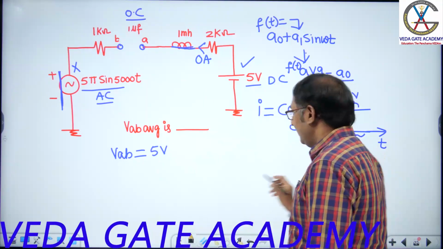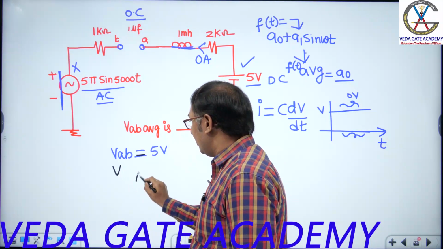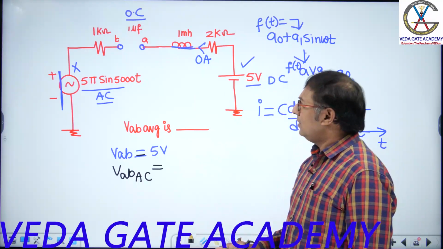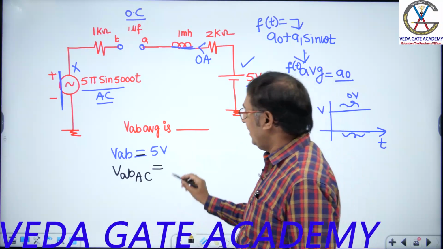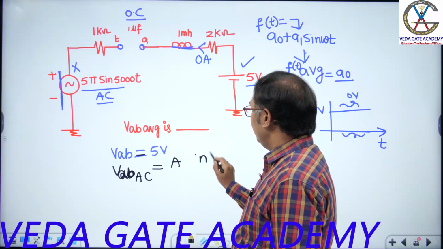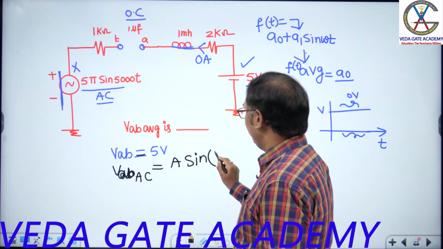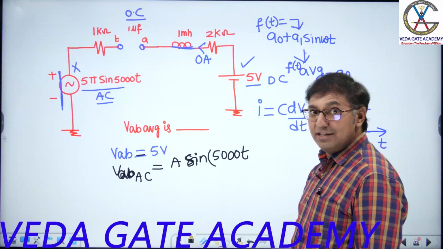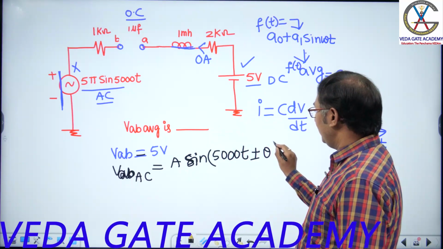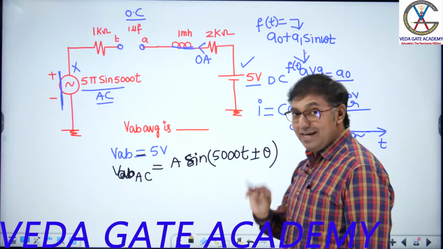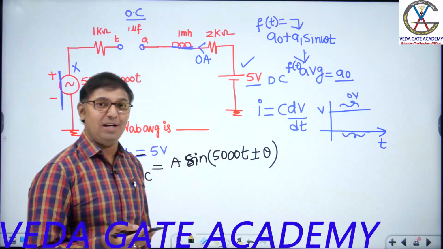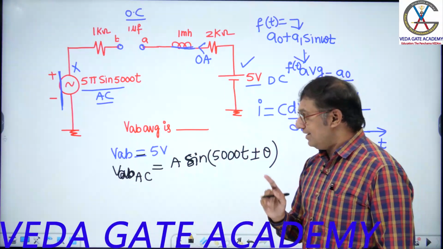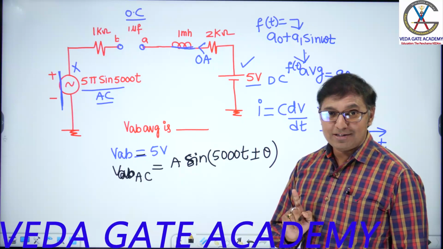Suppose VAB because of AC is A sine 5000 t plus or minus theta, say 5 plus A naught plus A1 sine omega t. What is the average value? Simply A naught. Getting the point? Fine?